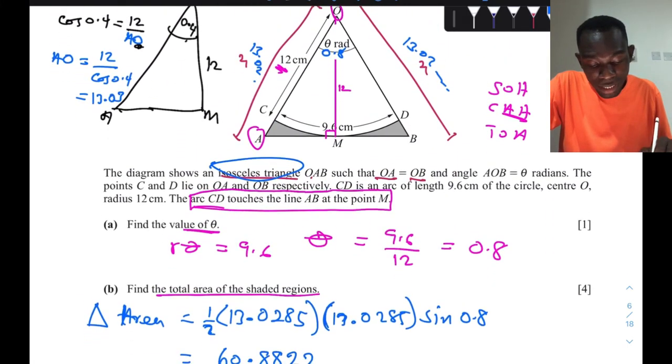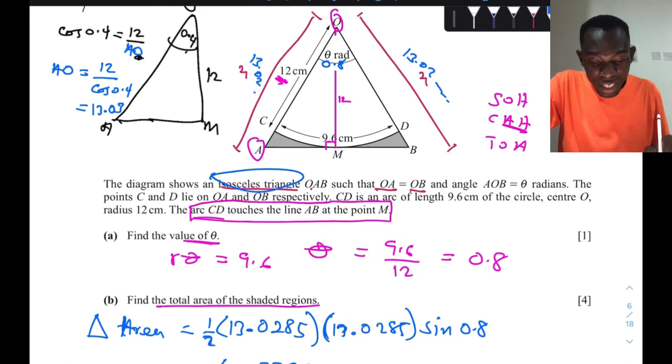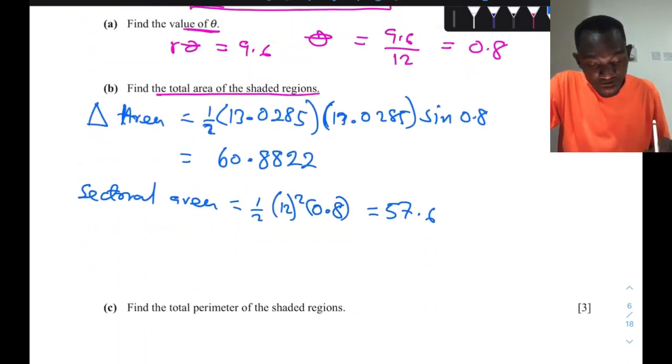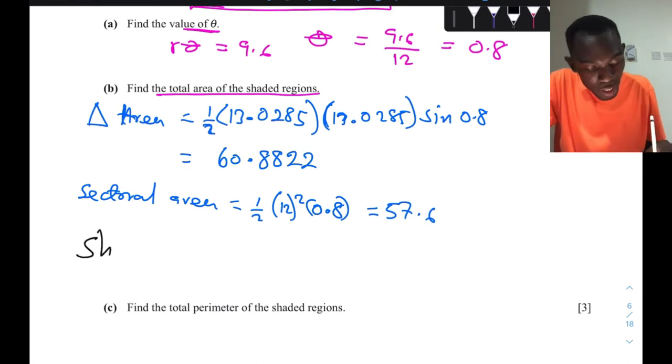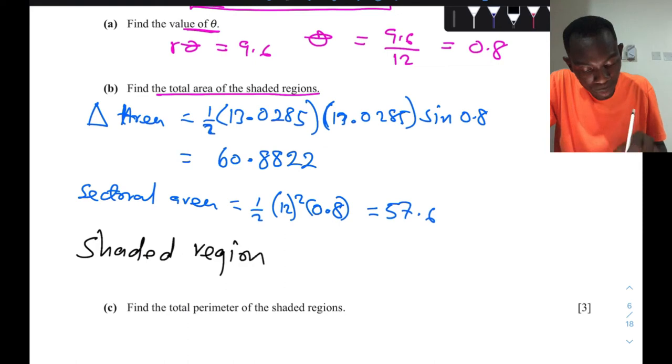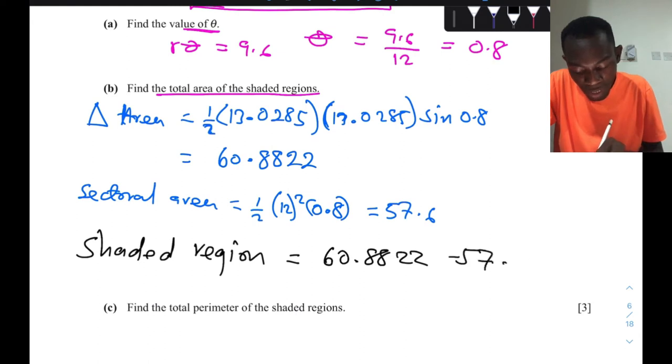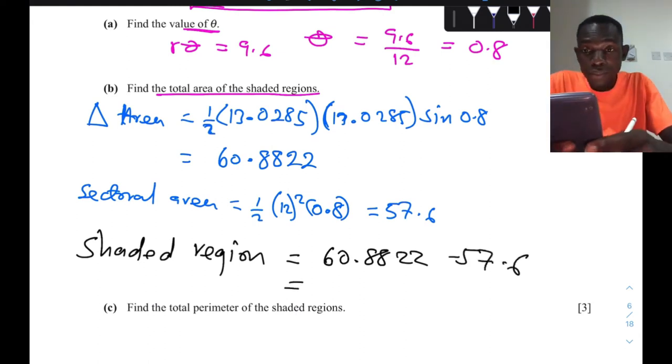We subtract the sector from the area of the triangle. So shaded region will be equal to 60.8822 minus 57.6.